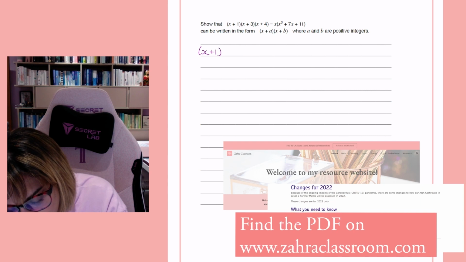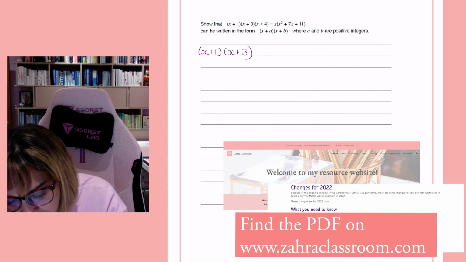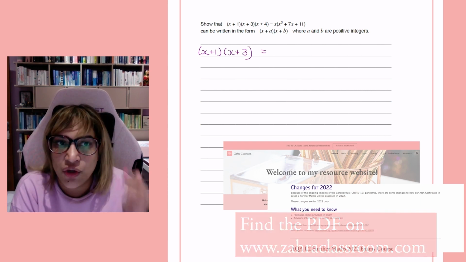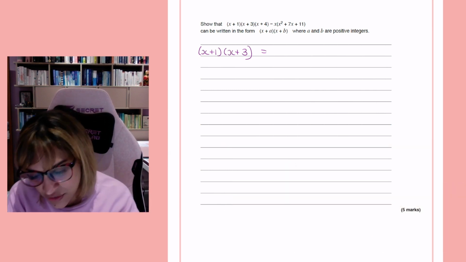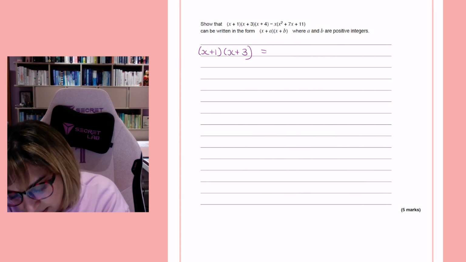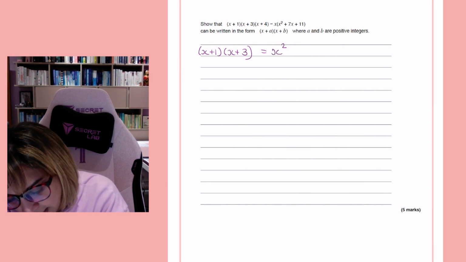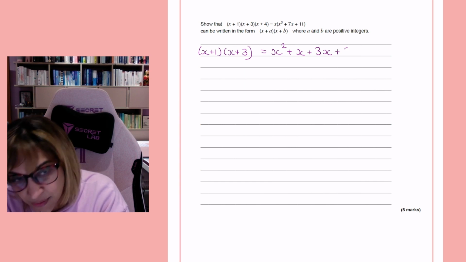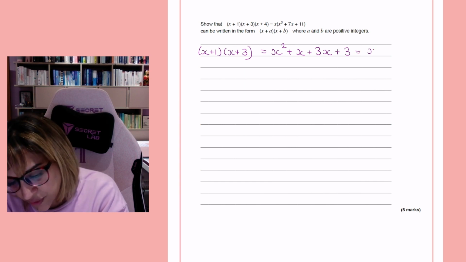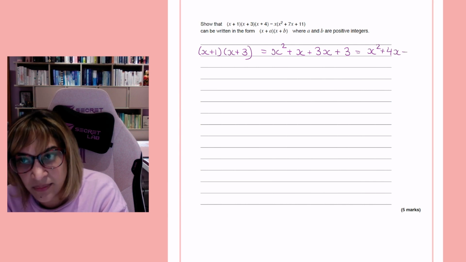And I'd always suggest you make your working super clear, in case you make a mistake, you're getting marks each time you're multiplying out. So if I take these, I've got x times x. So I've got x squared plus x plus 3x plus 3. So altogether, I've got x squared plus 4x plus 3.